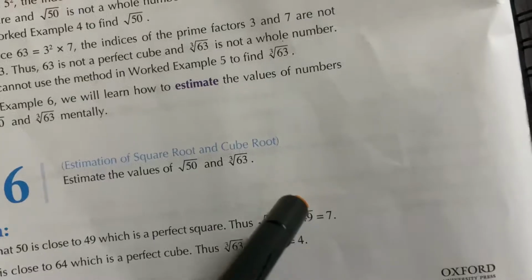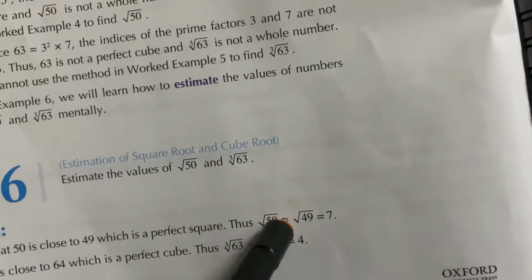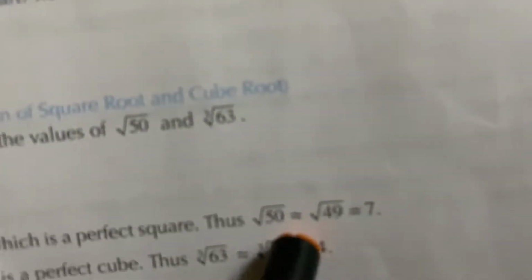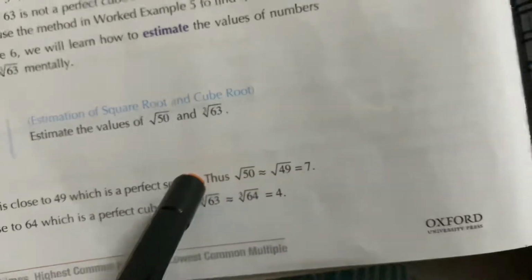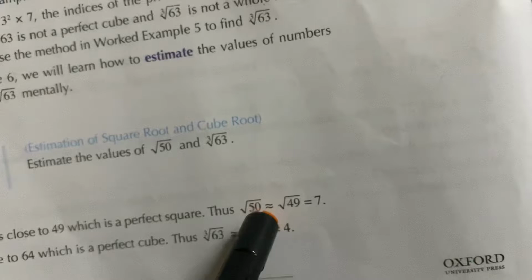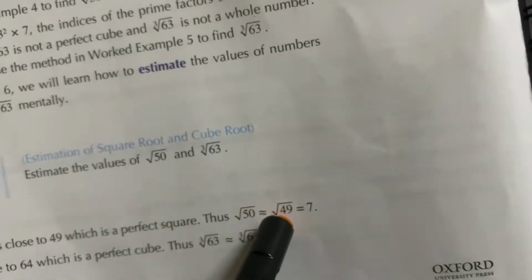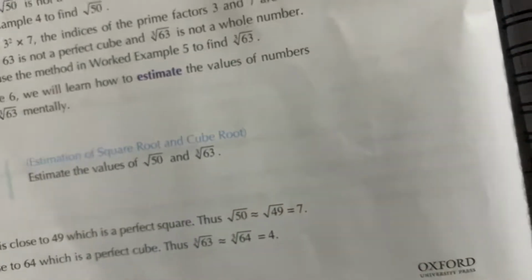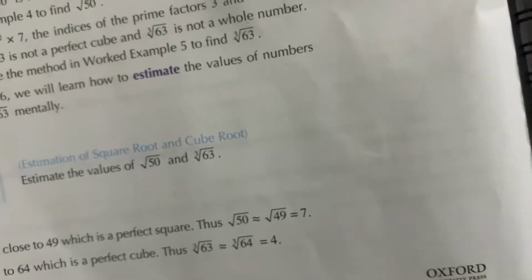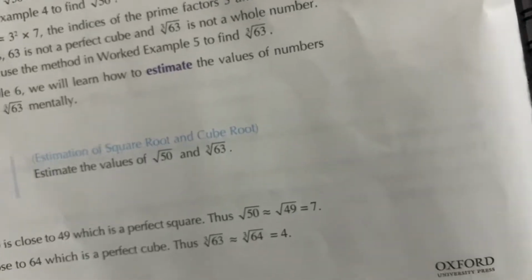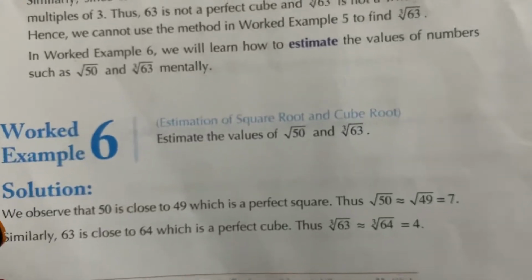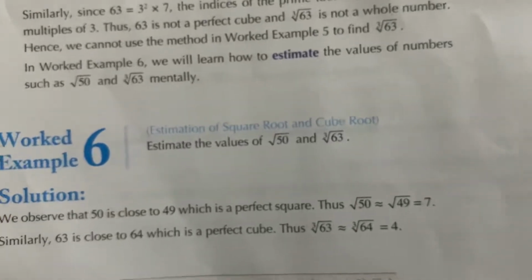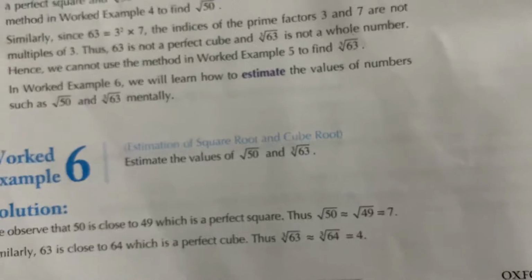We would not say that this is equal to. So 49 is the perfect square of 7 because 7 sevens are 49. I hope it is clear. We will solve some questions.